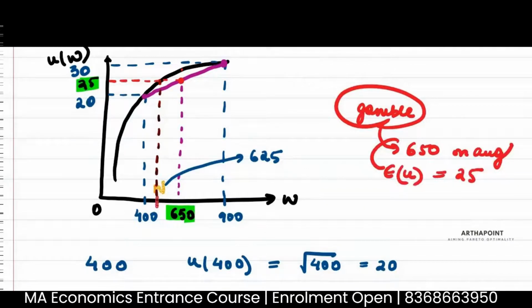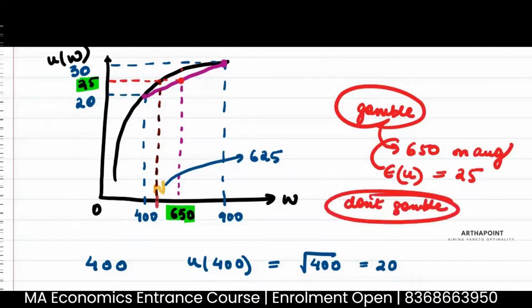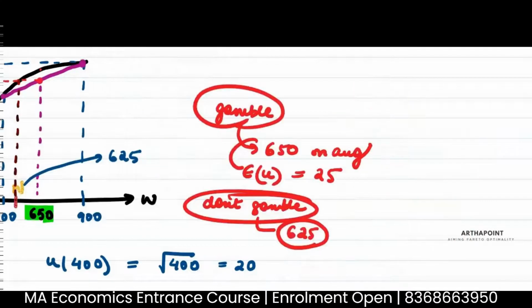On the other hand, if you don't gamble, then in my pocket, I just have 625, but I'm certain that I will always have this 625. Here I am not certain. Here this is my average value.